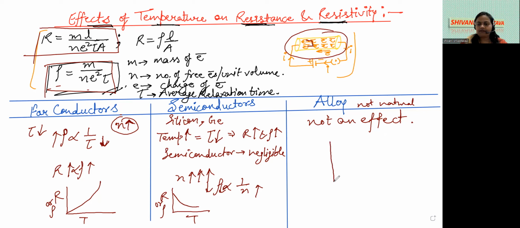What will be the graph? With temperature, the resistance or resistivity will be constant only. You can make a straight graph, or sometimes in the books it is given with a very little change, which is negligible.